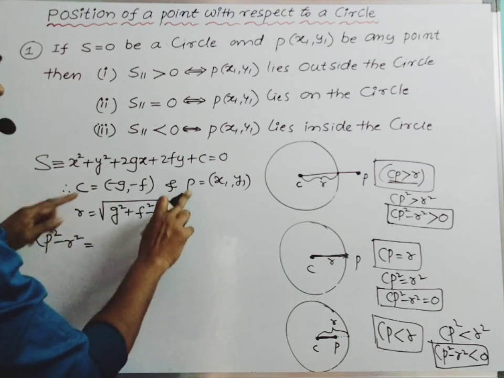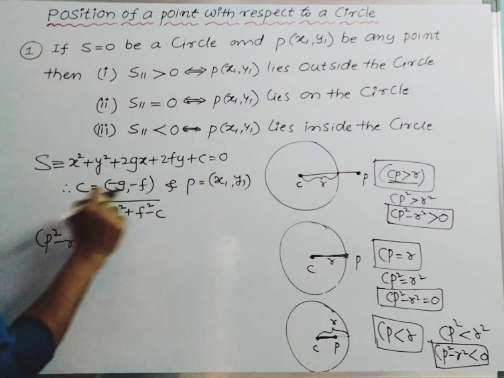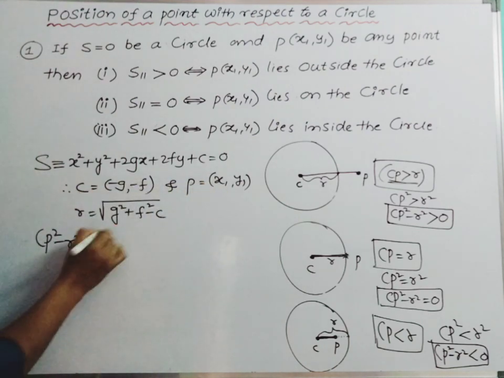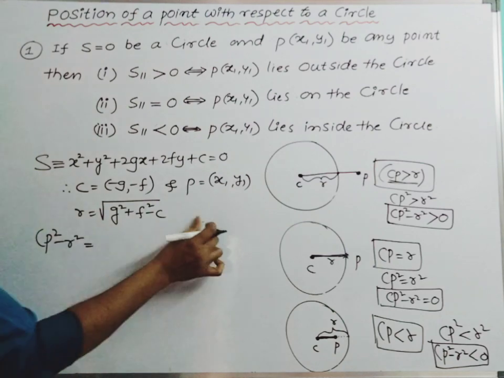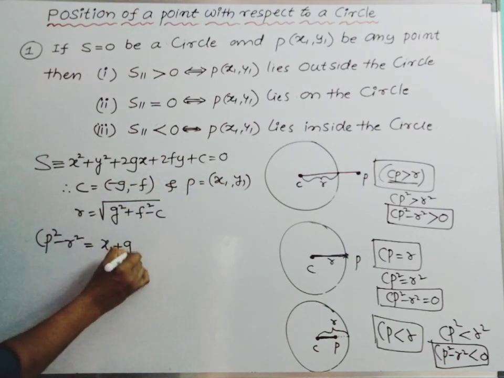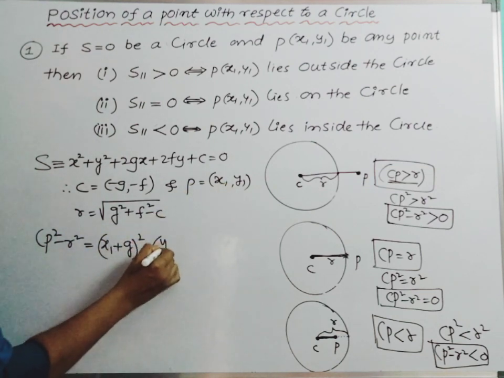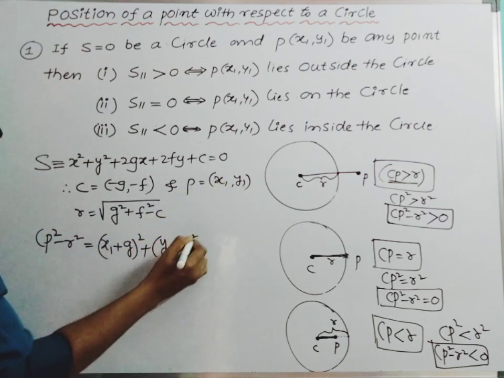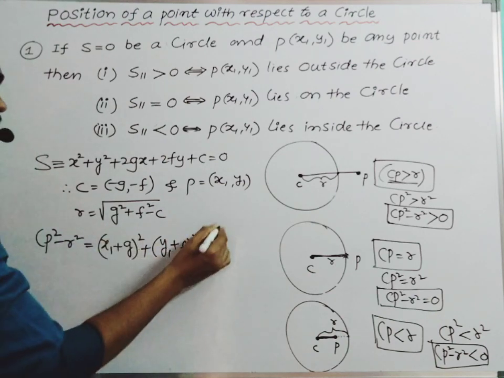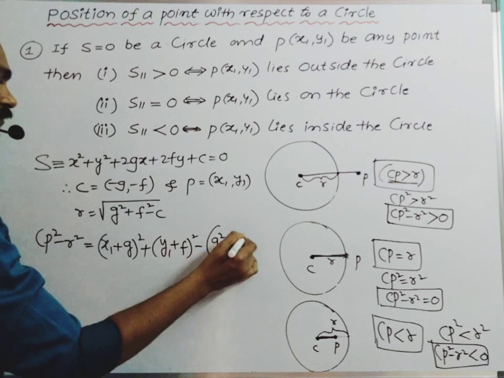CP square is the distance between these two points, whole square. The distance squared is (x1 plus g) whole square plus (y1 plus f) whole square, minus R square, which is g square plus f square minus c.